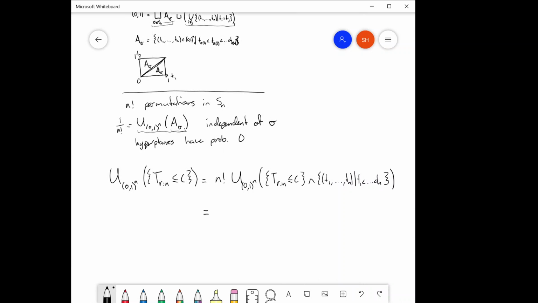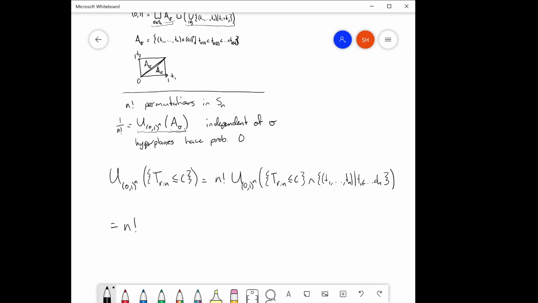Okay, well, let's write this out as a big integral. I'll move that equal sign further back. So now we keep the n factorial, and the uniform distribution is just integration with respect to each coordinate.